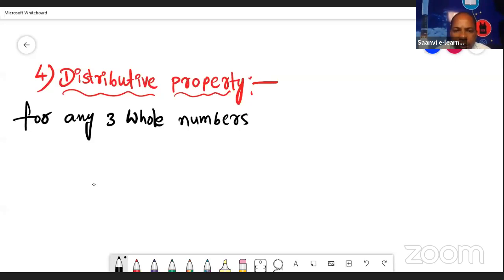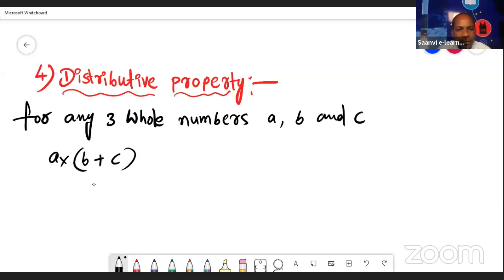Suppose that the three whole numbers I am taking are A, B and C. Okay, for any three whole numbers A, B and C, the distributive property is A into (B + C).